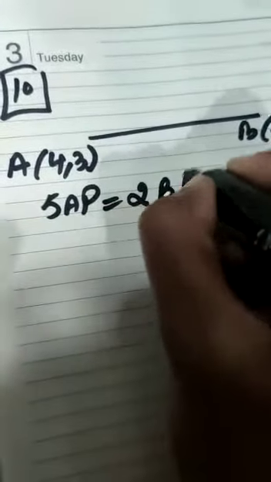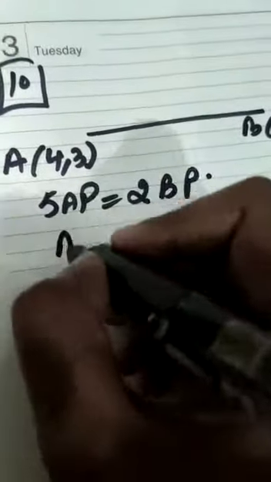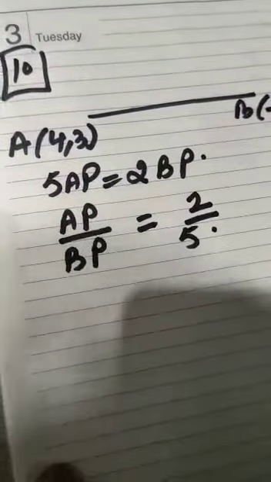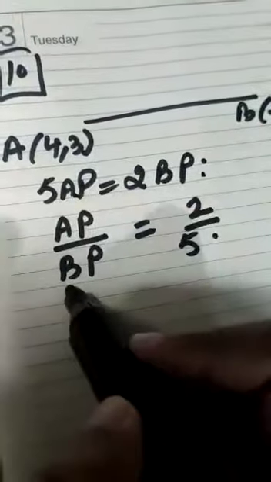Now come to question number 10. In question number 10, similarly, we are given A(4, 3) and B(-2, 6). 5AP is equal to 2BP. So AP upon BP is equal to 2/5.